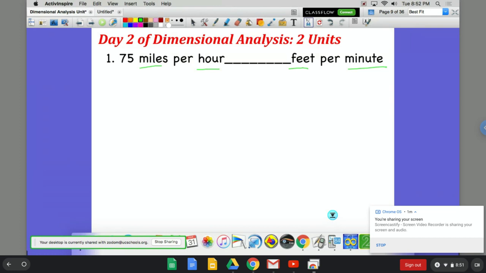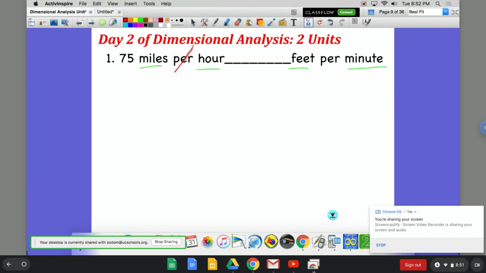The first thing we're going to do every single time is we're going to take what we have and write it over 1, except this time it's going to be a little bit different. The only thing that's different is where the per is. What per really means is just a fraction bar. So it's going to be 75 miles per, or over, 1 hour.